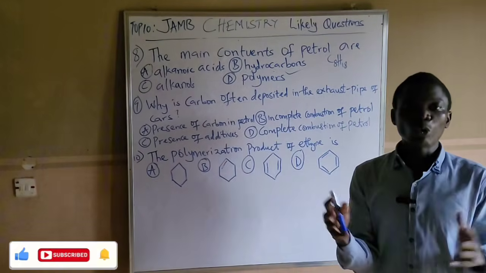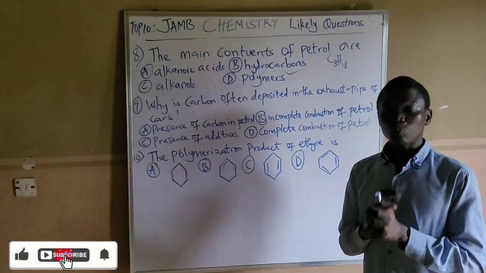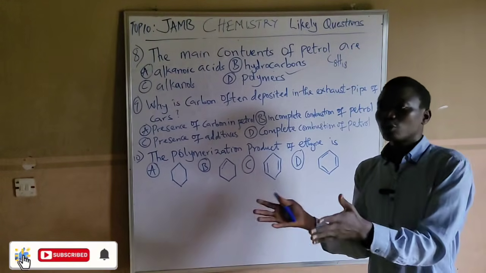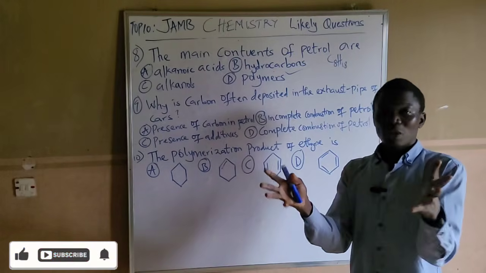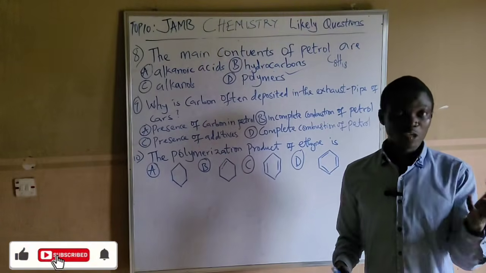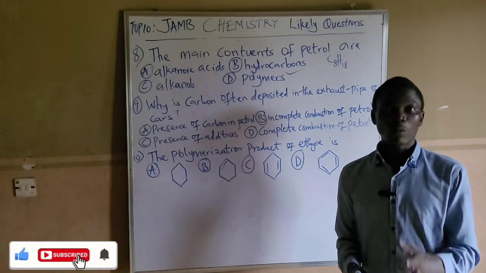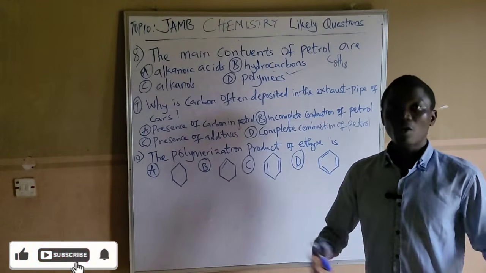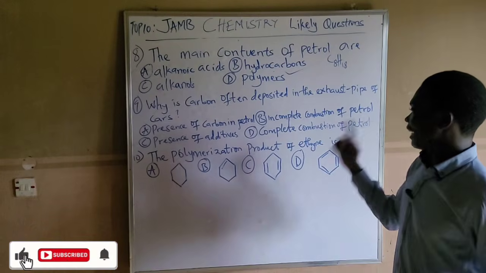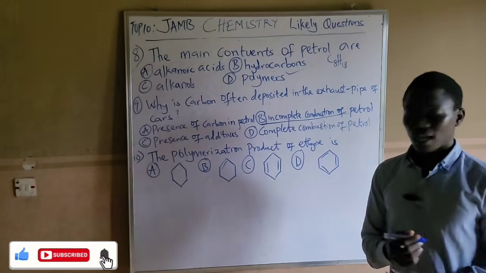What results in carbon coming out is that petrol does not burn completely. So that was for you to understand this. That is why I made use of things like clothes. If they don't burn completely, you start seeing smoke. But if they burn completely, you don't see smoke. And we use another example, firewood, which we are somehow familiar with. So what causes that is the incomplete combustion of what? Petrol. Option B is the correct answer to that.